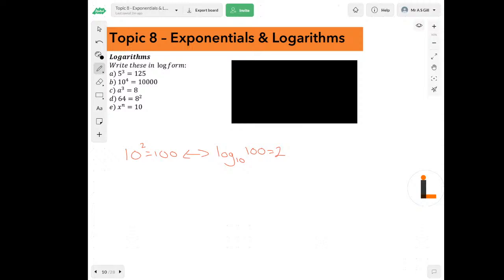So I'm just going to start writing up these answers to the first few ones. Remember, what we said, the way we describe it is, what power of my base number will give me the value of what I'm logging. So that's the first one up there.